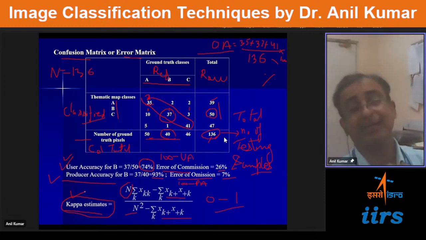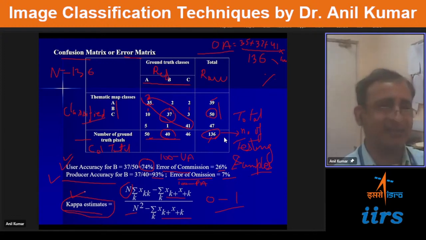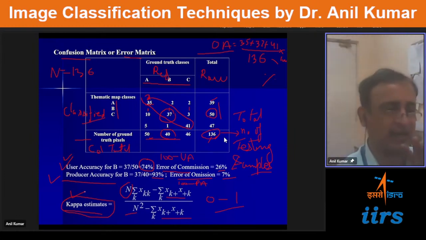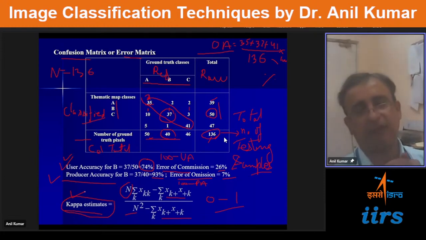That's very, very important. And then I just talked about the separability analysis, which is used to decide, for a given number of classes, how many bands we should use to process. Do we require all the bands, or is a minimum number of bands enough to be considered for classification of the given classes?